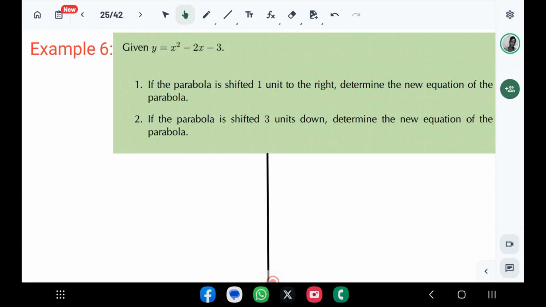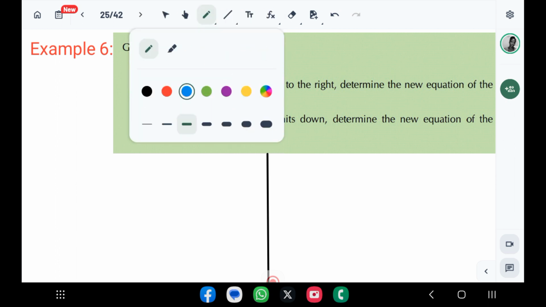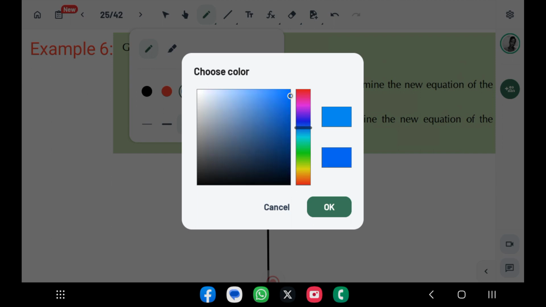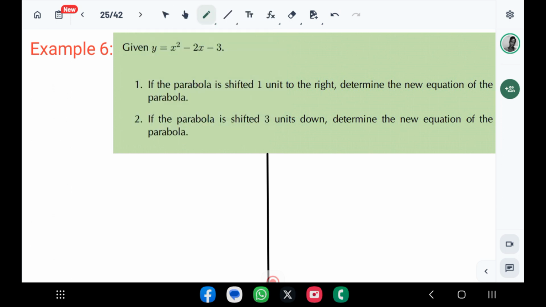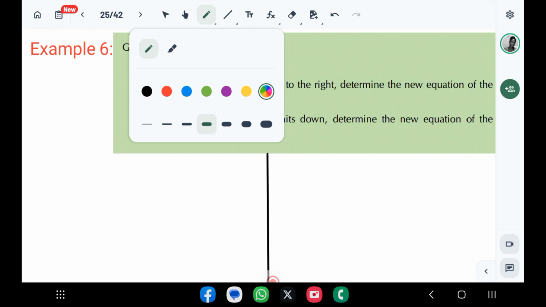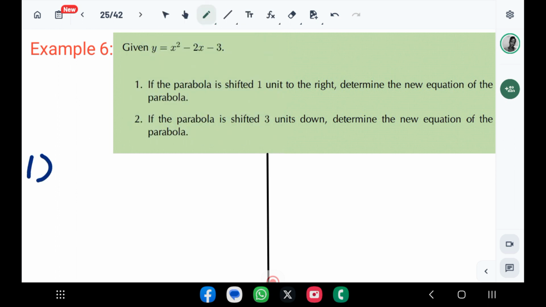Let's shift the parabola. We've got y equals x squared minus 2x minus 3. If the parabola is shifted 1 unit to the right, determine the new equation of the parabola. If it's shifted 1 unit to the right, therefore y equals, where there's an x, you put x minus 1.